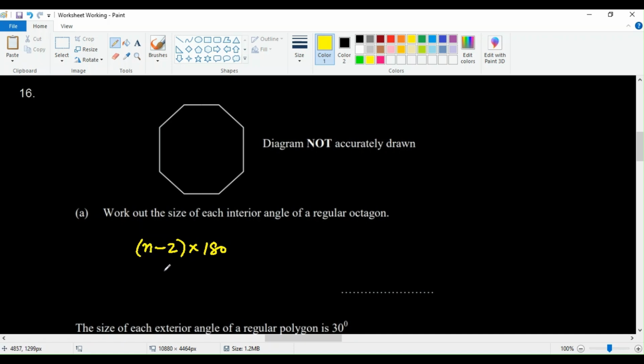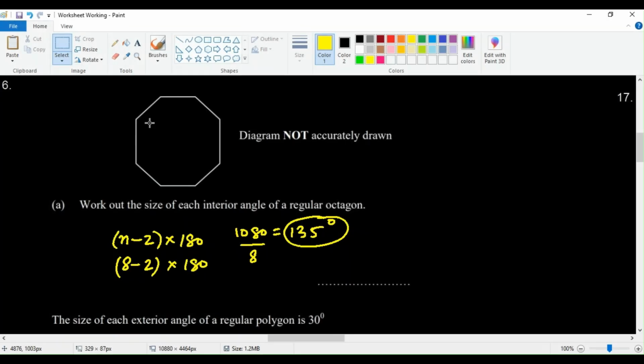Number of sides is 8. 8 minus 2 gives us 6, and 6 times 180 is going to give us 1080. 1080 is the sum of all the angles, and since there are 8 sides, 1080 has to be divided by 8. So 135 is the size of each interior angle. 1080 divided by 8 gives us 135 degrees.